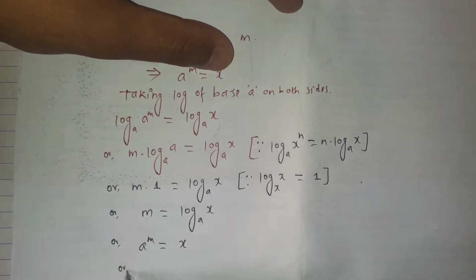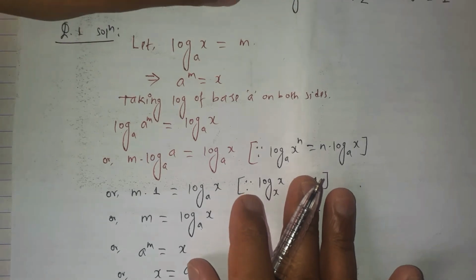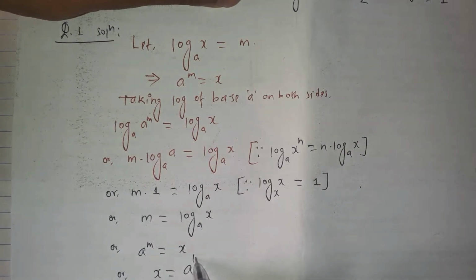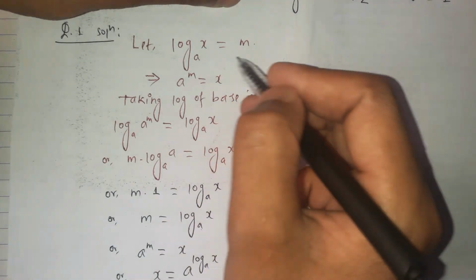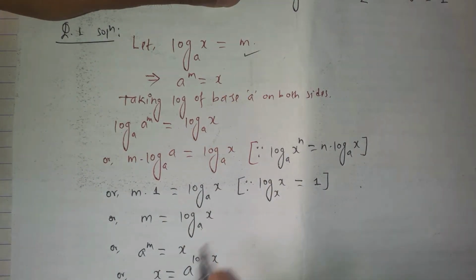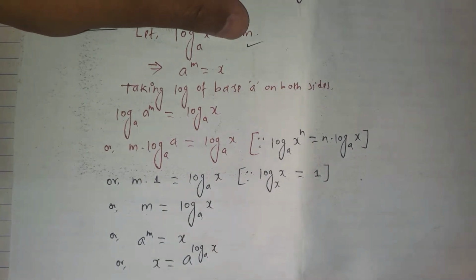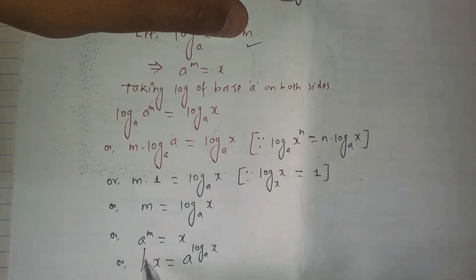This can be written as the value of x is a to the power m, and we supposed the value of m is log with base a of x. Here we just substitute the value of m from our supposition. Then we finally prove this result.